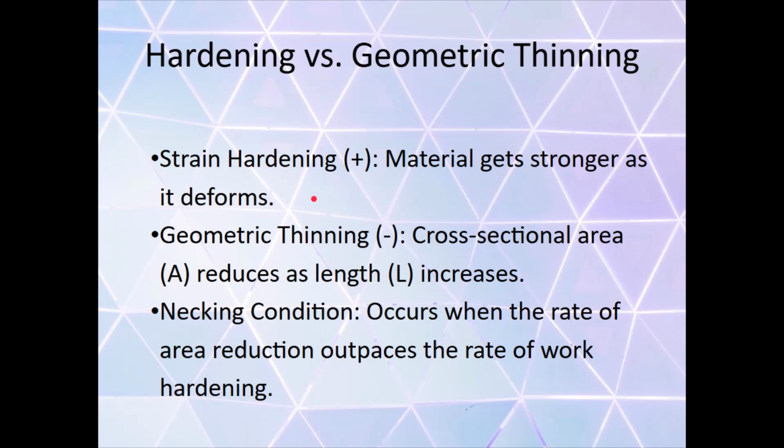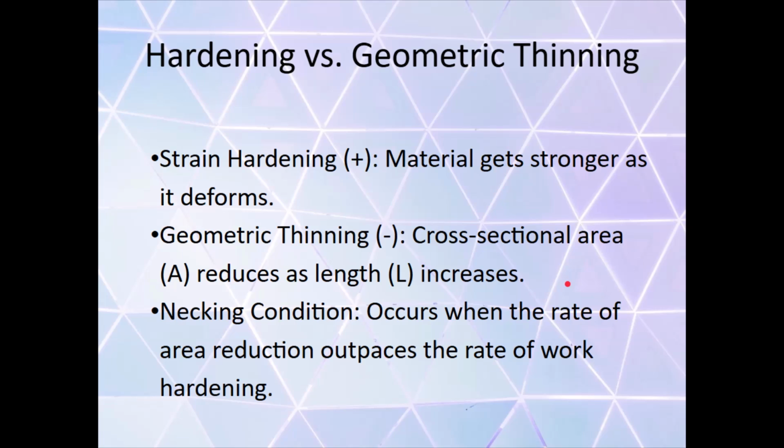Now let's understand a few more terminologies: strain hardening and geometric thinning. Strain hardening is when a material gets deformed and becomes stronger, which is related to proportionalities. Then there is geometric thinning: the cross-sectional area reduces as length increases.